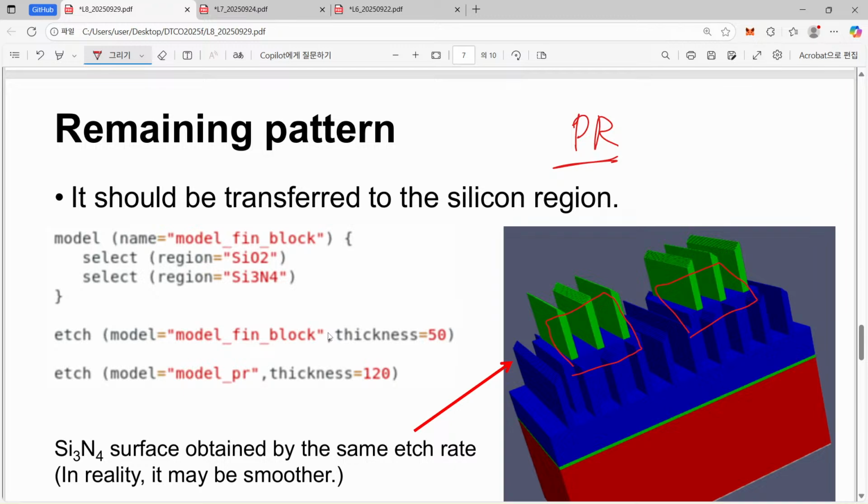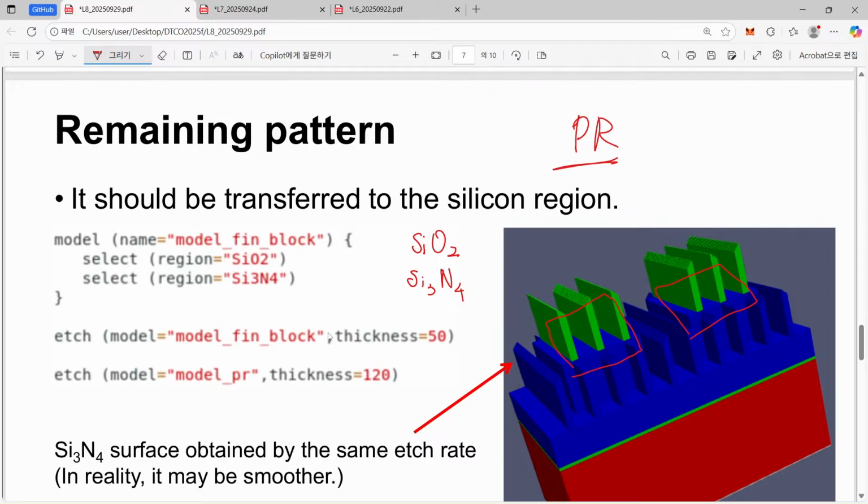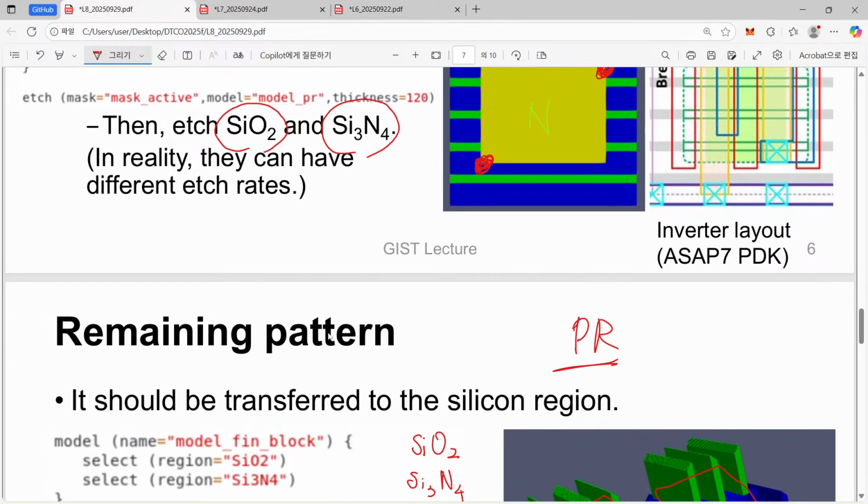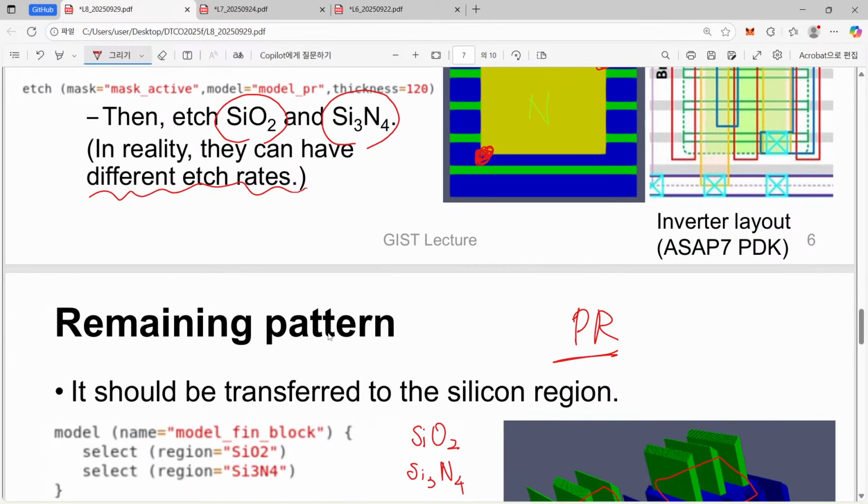And for the other part, we have exposed silicon dioxide or exposed silicon nitride, and of course when we make a certain etching process, silicon dioxide and silicon nitride may, and in reality do, have different etch rates. So the usual choice is the material which has a higher etch rate for silicon dioxide and a lower etch rate for silicon nitride. A certain selection is made.